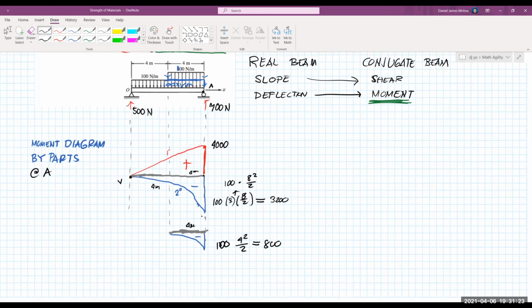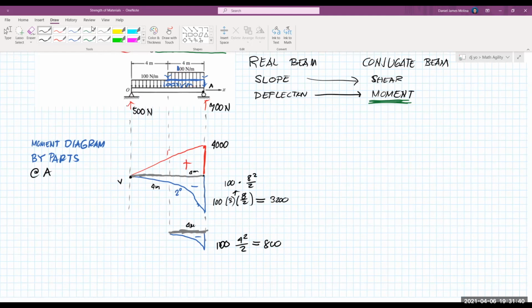All right. So actually, to draw our conjugate beam, we need to use the moment diagram by parts. So this moment diagram by parts is already our conjugate beam.